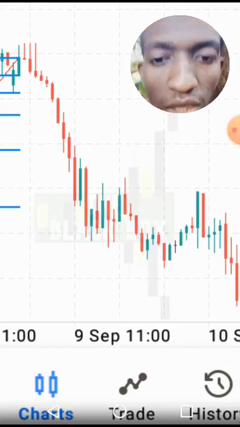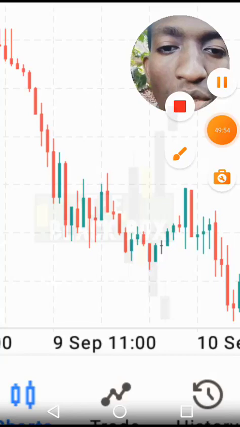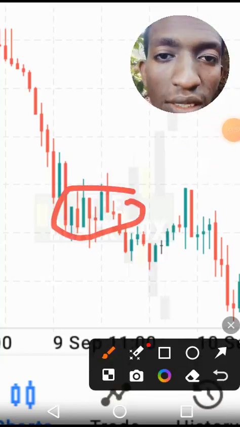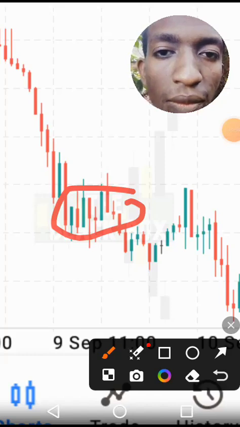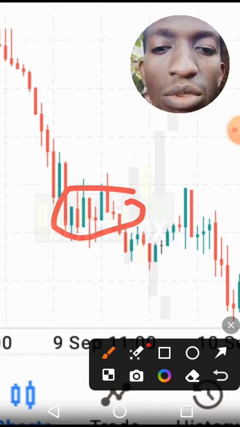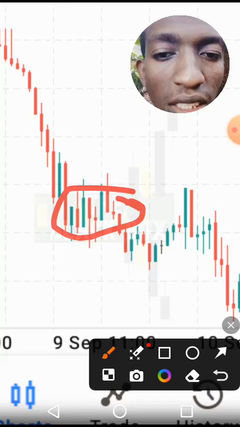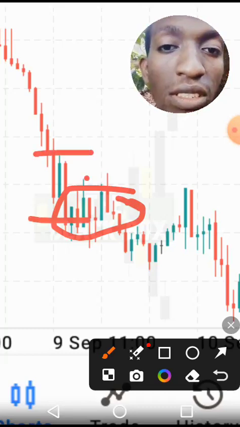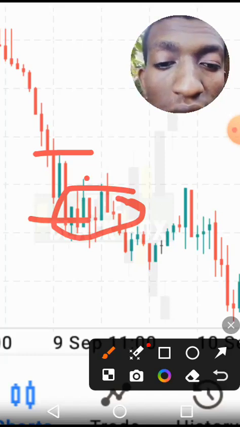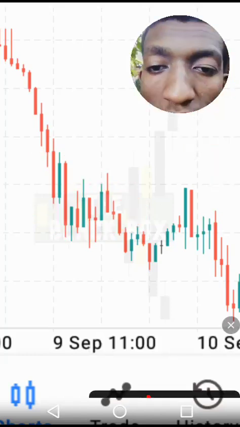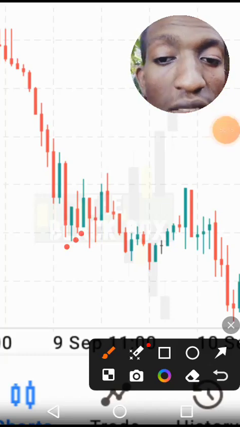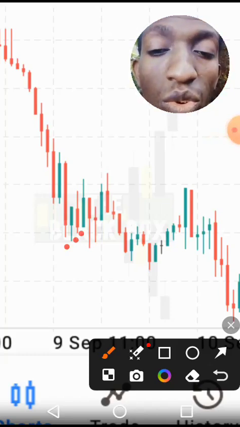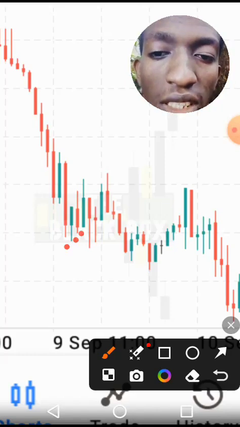Look, don't forget this. If the newest black box is not giving us an entry, that is where you enter in the direction of the previous one. As you can see here, this black box, this recon didn't give us an entry. Why? Because it didn't break the 2.5% right there.